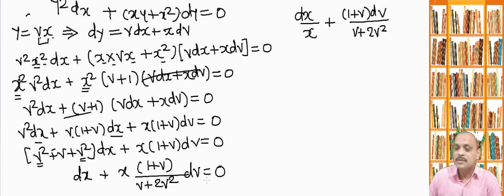Okay, now let us see what we need. If we take the derivative here, the derivative of this term, what is the derivative of v plus 2v square? You can see that it is 1 plus 4v.